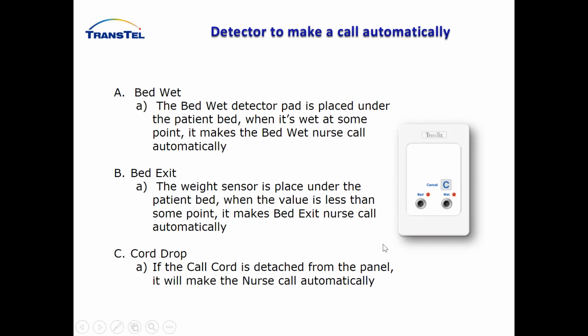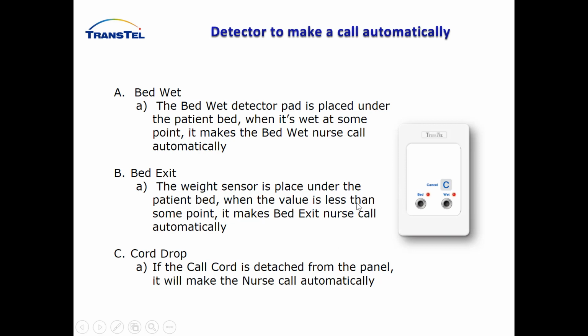If the patient leaves the bed, we have to notify the nurse. For example, if some patients lost their memory or lost their consciousness, we have to notify the nurse that the patient just woke up and left the bed. So the weight sensor is placed under the patient bed.